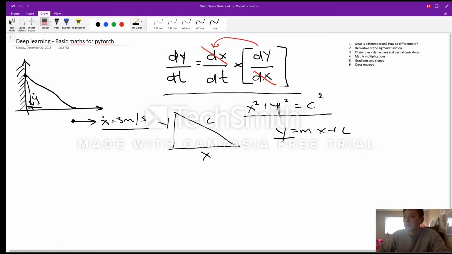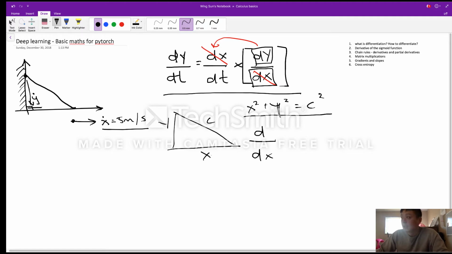So in this case, if you want to differentiate this, what you need to do is use something called implicit differentiation. Basically, you differentiate this whole thing with respect to x, because look, this is my dx.